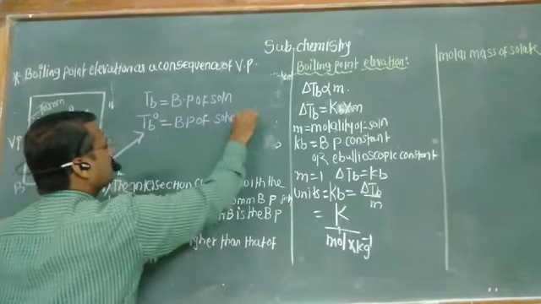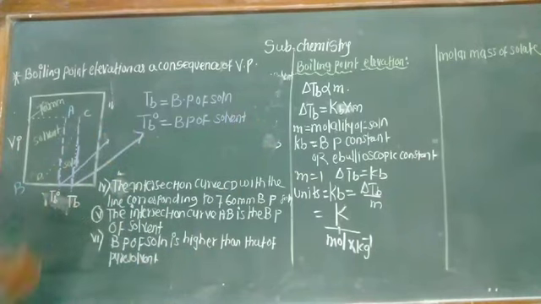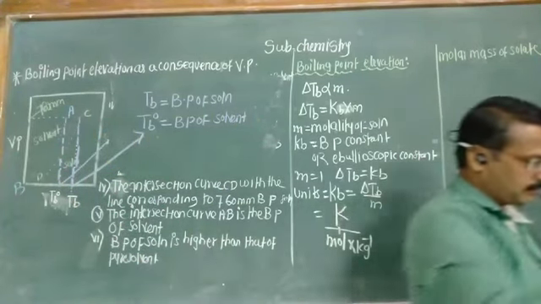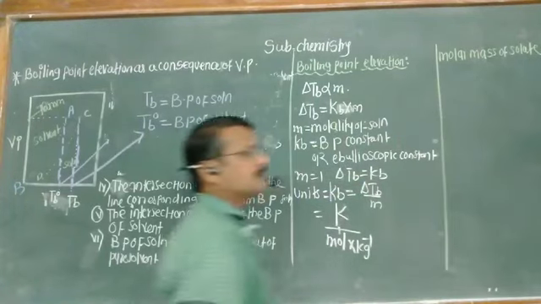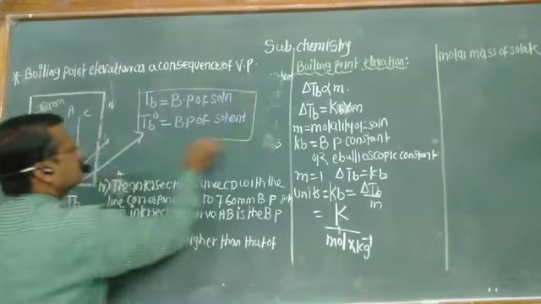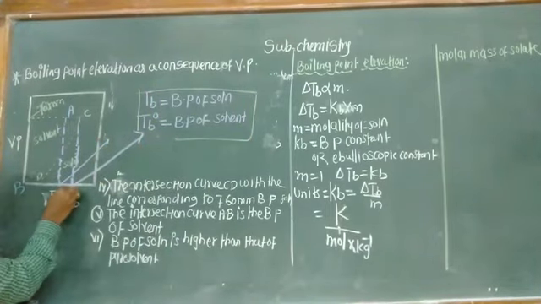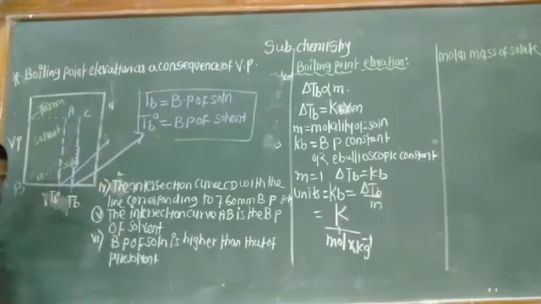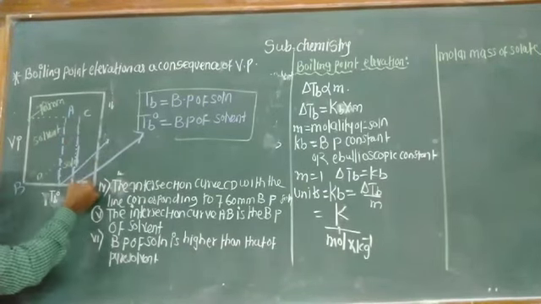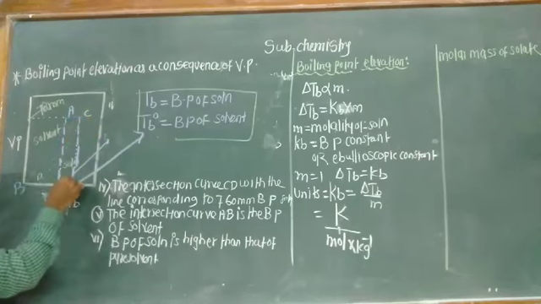But before we write this, what is the definition of boiling point? This is very important. When we observe this figure, which one is greater, the boiling point of the solvent or the boiling point of the solution? Obviously, the curve CD intersects this line at the boiling point of the solution.